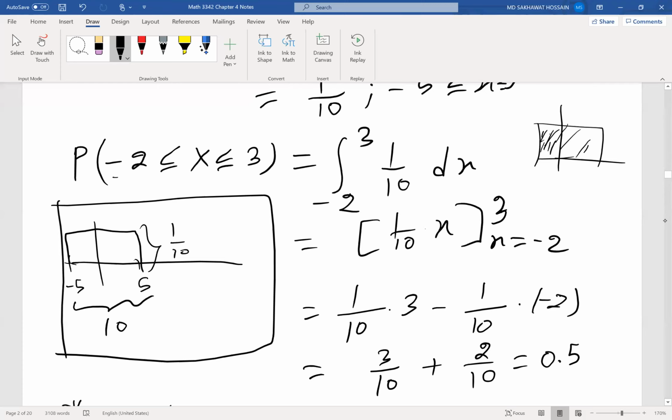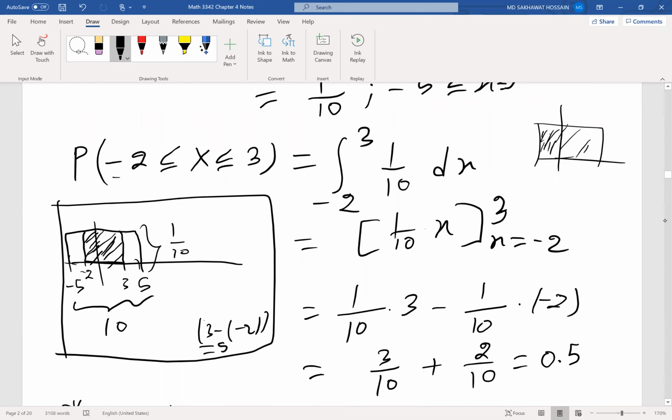Similarly, we have to calculate the area from -2 to 3. If -2 is here and 3 is here, that means you have to calculate this area, the area of this rectangle. The height is 1/10, and this side is from -2 to 3, so 3 minus -2 is 5.